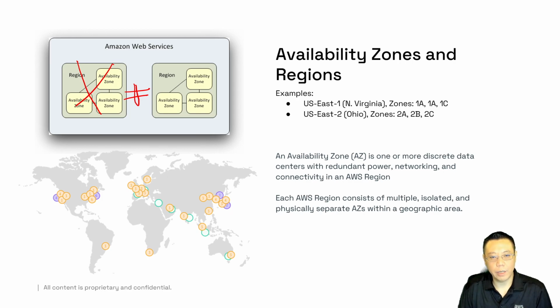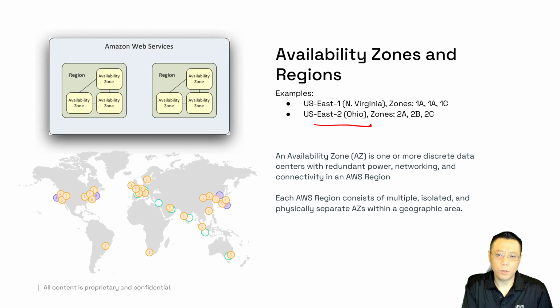The more redundant that you get, the more resilient your solution is, the more global it's capable of, and with the right architecture, it could also be faster. Some examples also include regional codes and availability zones and preferences. US East 1 is North Virginia, US East 2 is Ohio, and they have availability zones of A, B, and C, respectively.